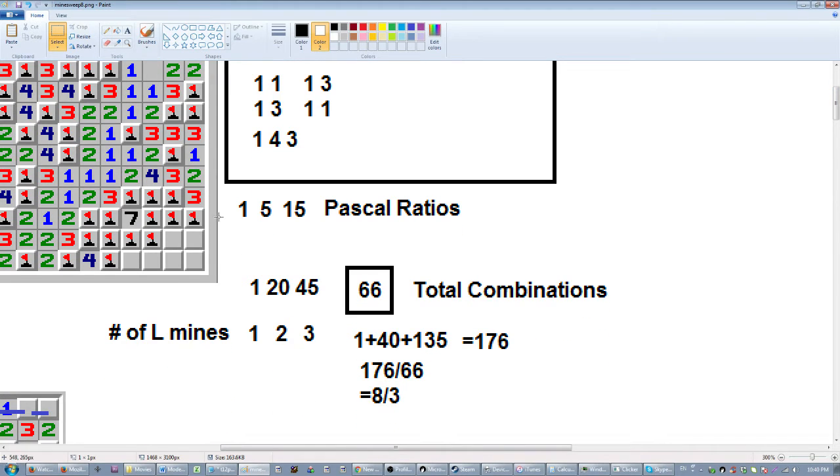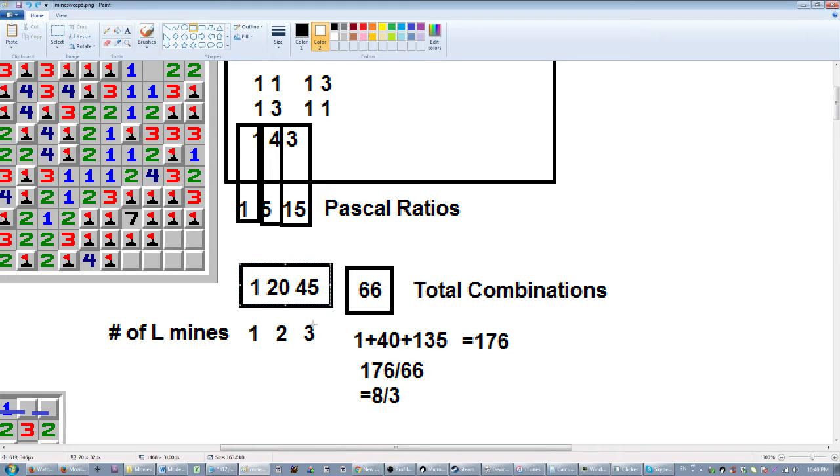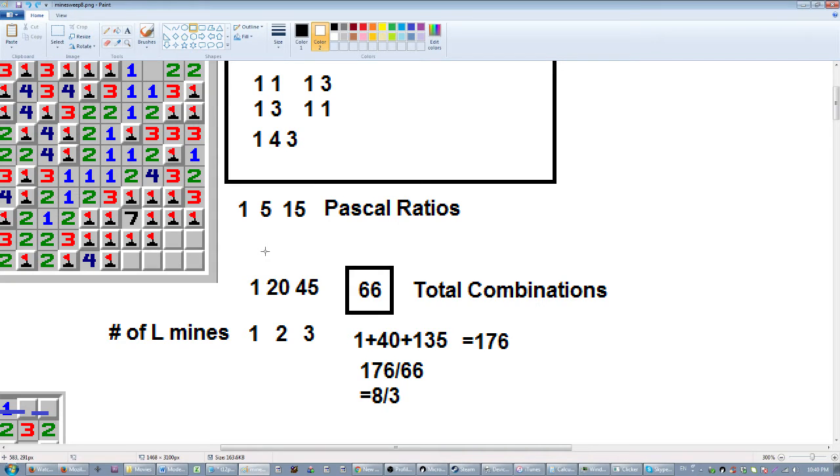I don't know what the operation was called now, but you just multiply 1 by 1, and you multiply 4 by 5, and you multiply 3 by 15, and you get this. This is the total combination. It's going to be the most important number in this whole thing. 66. That's what we get. If you were to add all these together, I mean 45 plus 20 plus 1 becomes 66, right? So yeah, that's what we got.